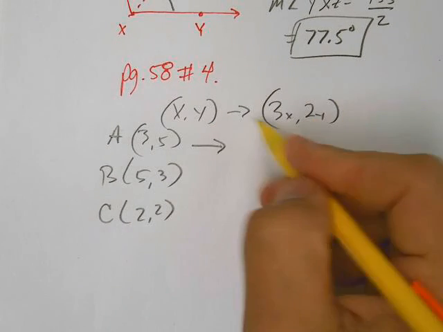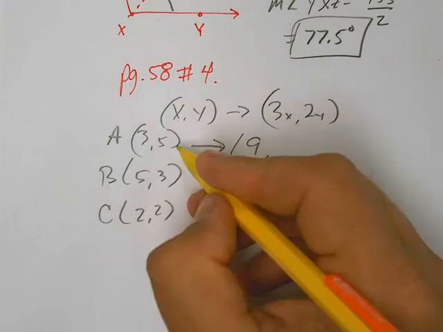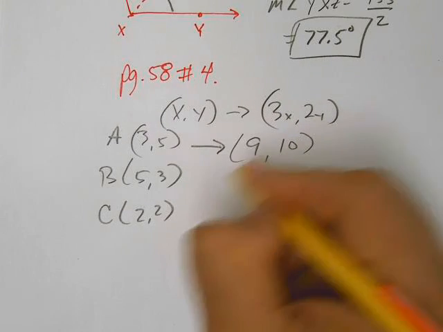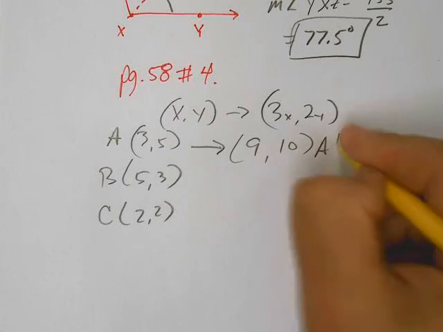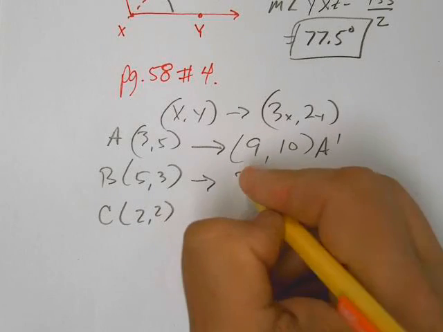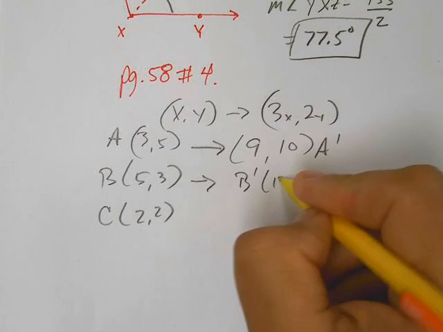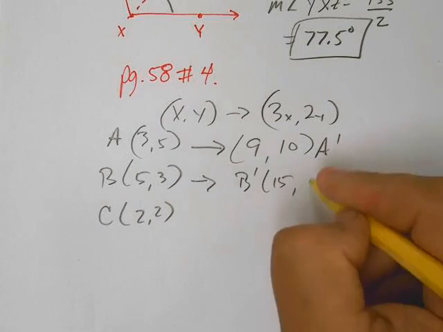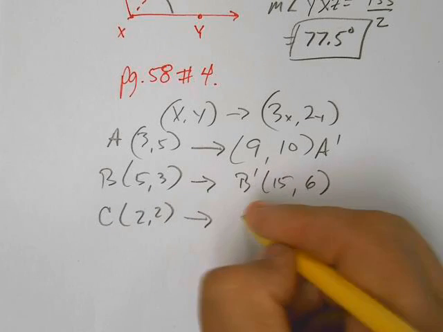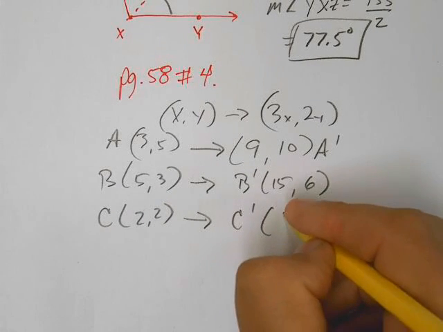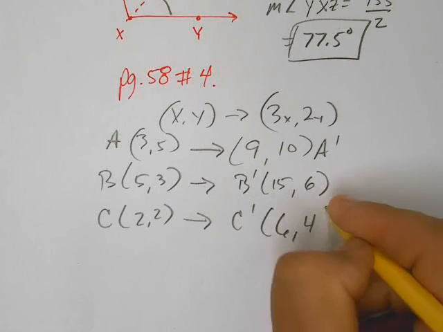All right, so then 3 times 3, 9, 5 times 2, 10. That would be A prime. B prime would be 5 times 3, which is 15, 3 times 2, which is 6. And C prime would be (6, 4).